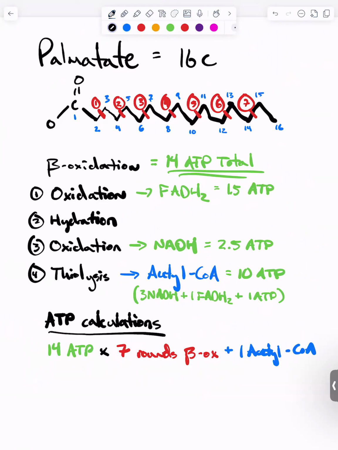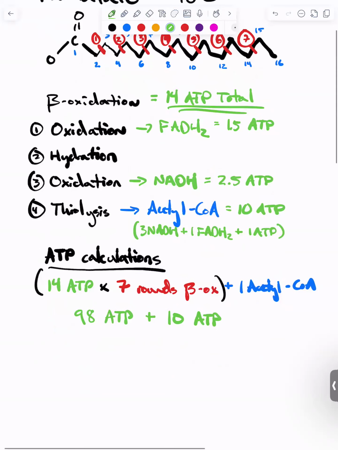So if we want to do that, we can do the net calculation. 7 times 14 is equal to 98. So we have 98 ATP plus acetyl-CoA, which we already know is worth 10 ATP. And so palmitate, through the process of beta oxidation breakdown, generates 108 ATP. However, you always need to remember this step.